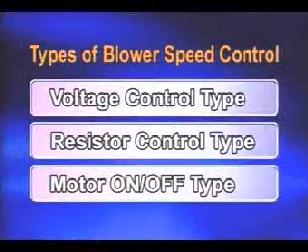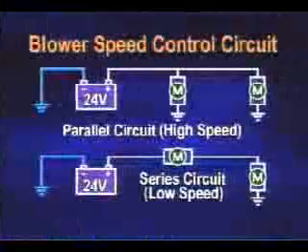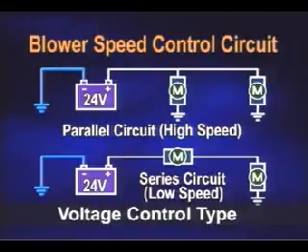The blower speed control types of the roof-on air conditioning system can be classified into 3 types: voltage control type, resistor control type, motor on-off type. Now the circuit diagram of voltage control type is shown on the screen.